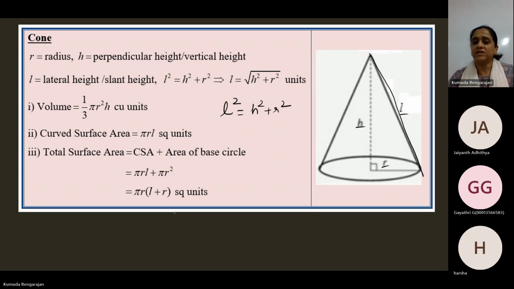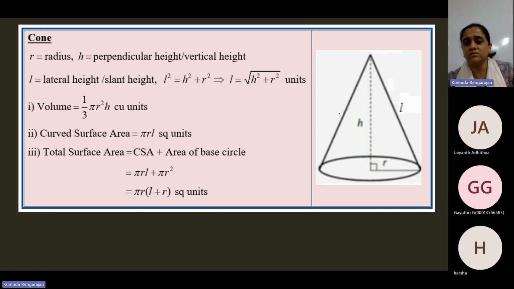L is the hypotenuse, h and r are the legs. So l square is equal to h square plus r square.